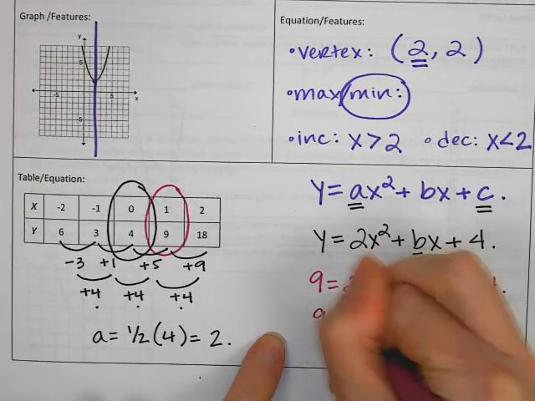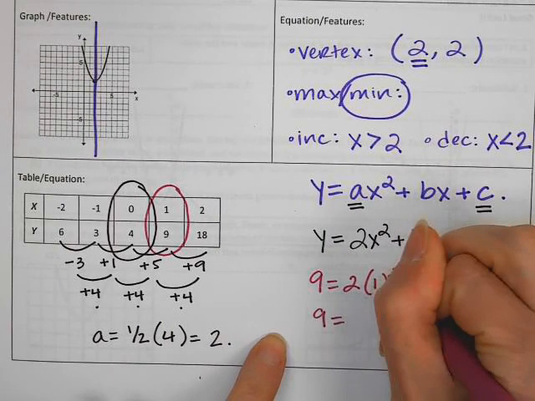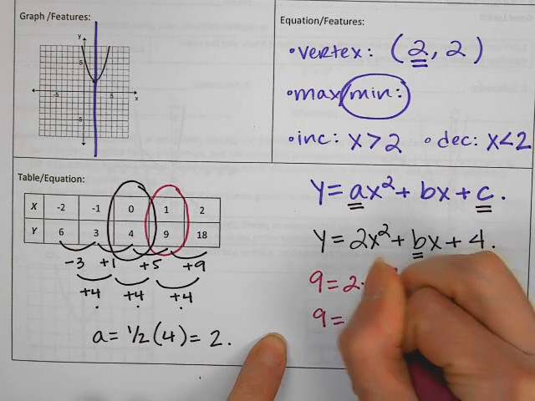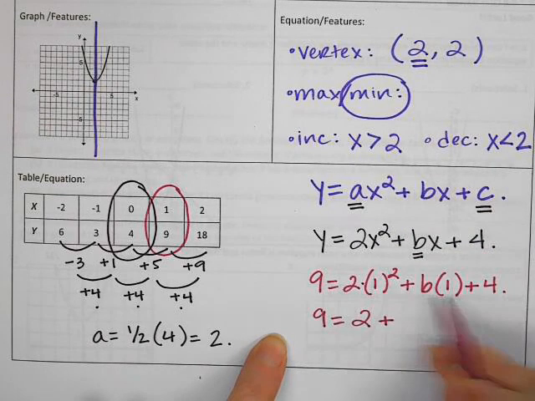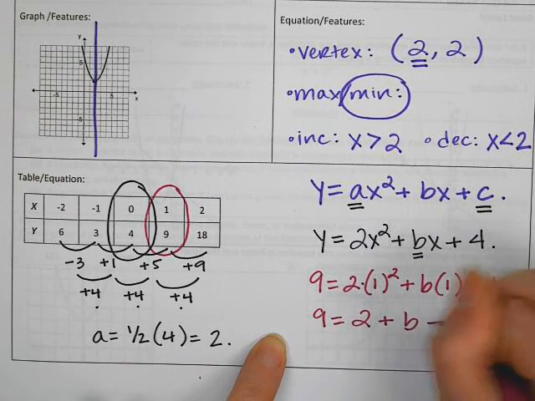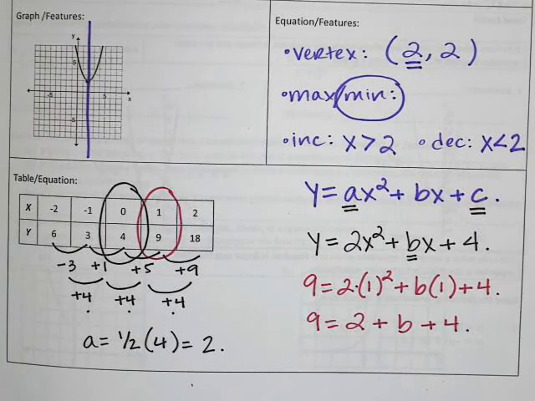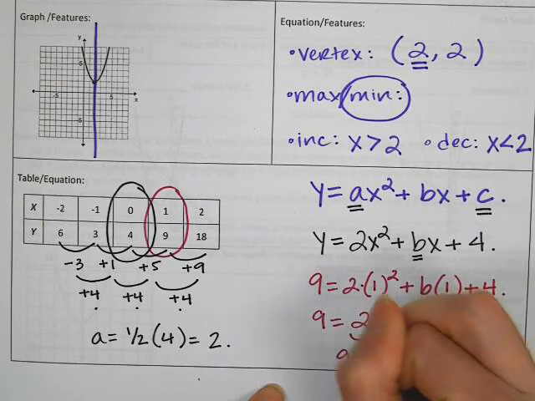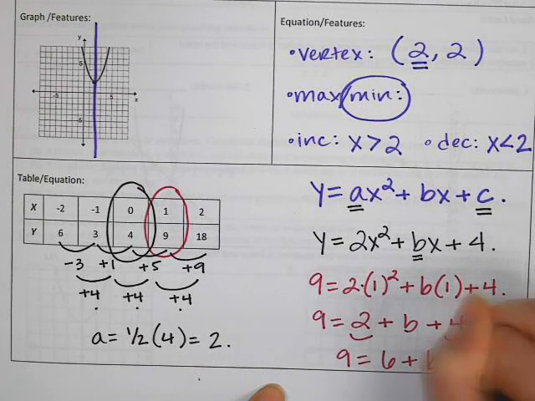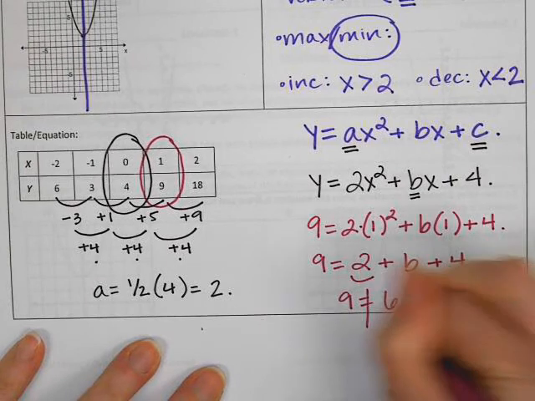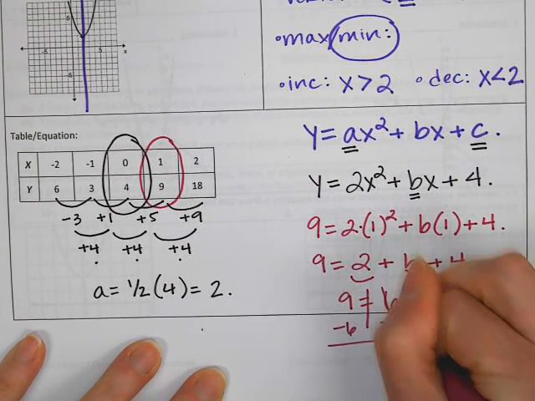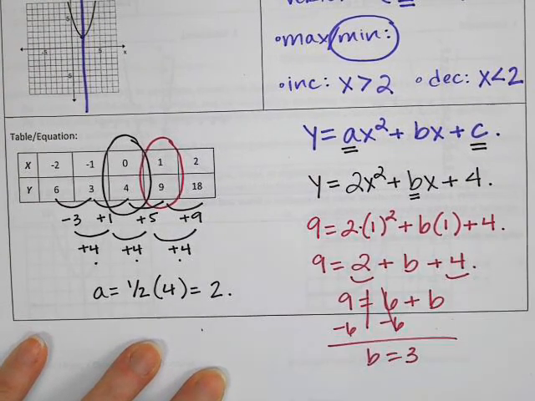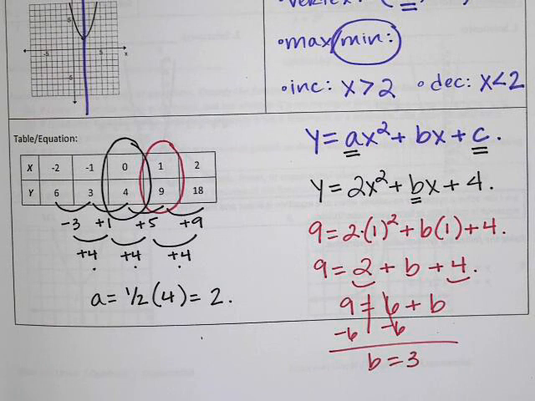So we have 9 equals 1 squared is 1, but 1 times 2 is 2. b times 1 is b, and then you have plus 4. And then we're going to combine like terms. 2 plus 4 is 6. So we have 9 equals 6 plus b, and then draw the wall. Minus 6 from both sides. b equals 3.